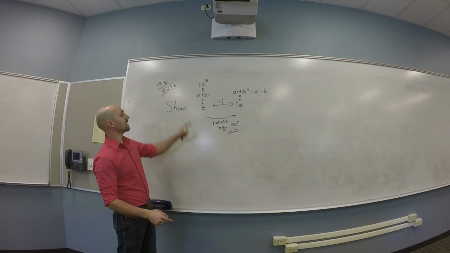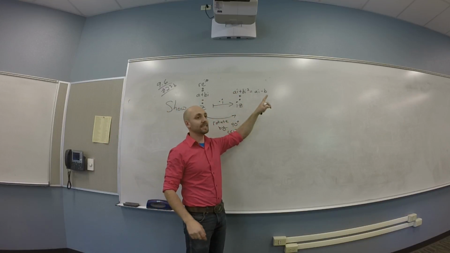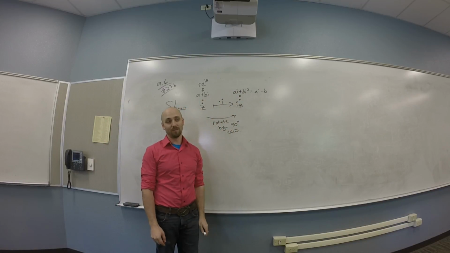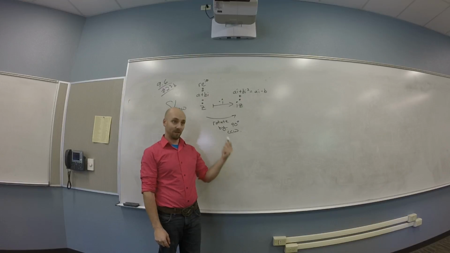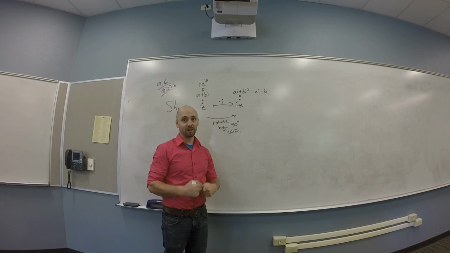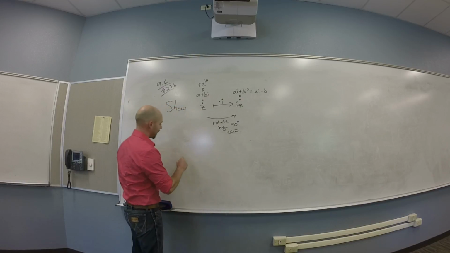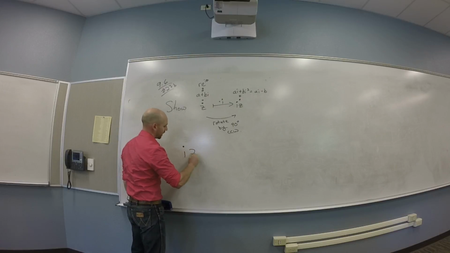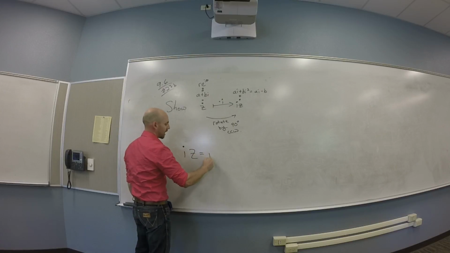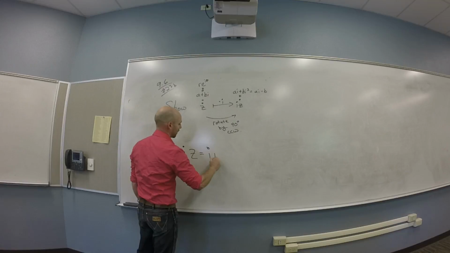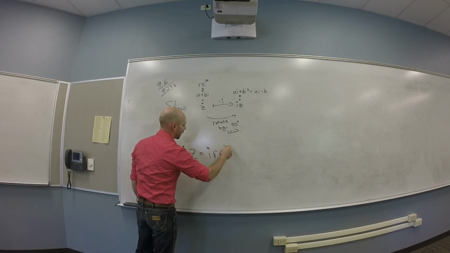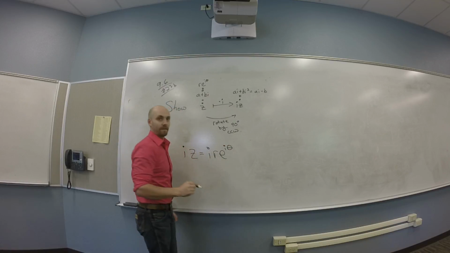So if it's not obvious from the a's, where might it be obvious from? Well, r e to the i theta might be obvious in the other one, right? So I'm going to look at iz, so take iz and think about that as i times r e to the i theta.